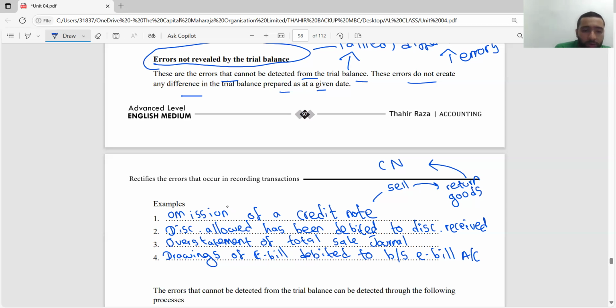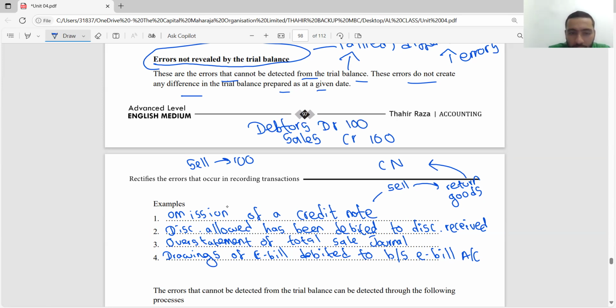If you sell something, what is the double entry? Let's say you sell 100 rupees worth of fruits for credit. The double entry is your sales account is credited by 100, and your debtors account is debited by 100.